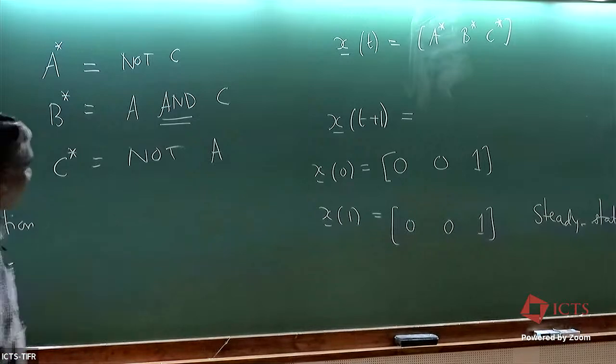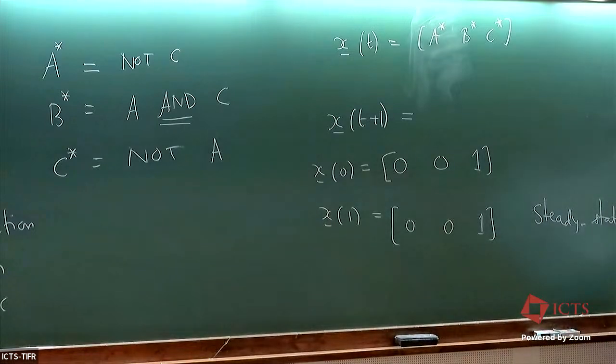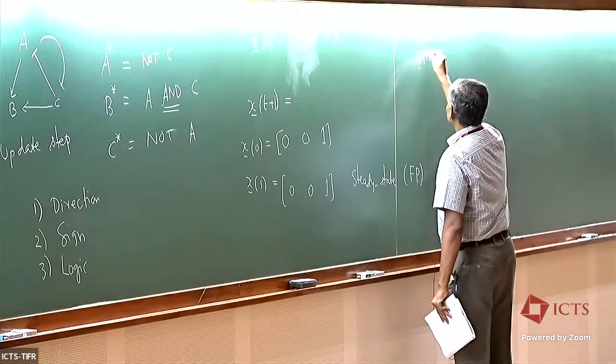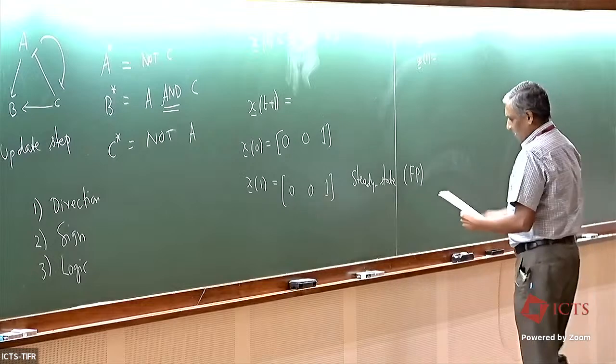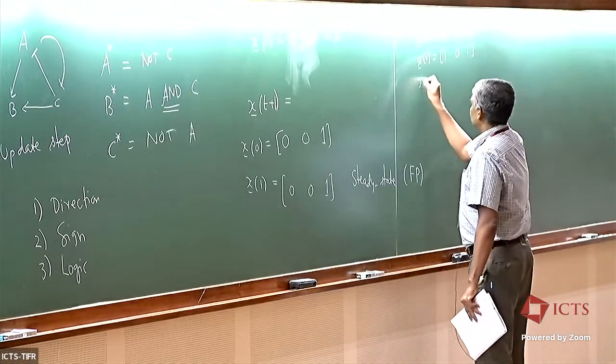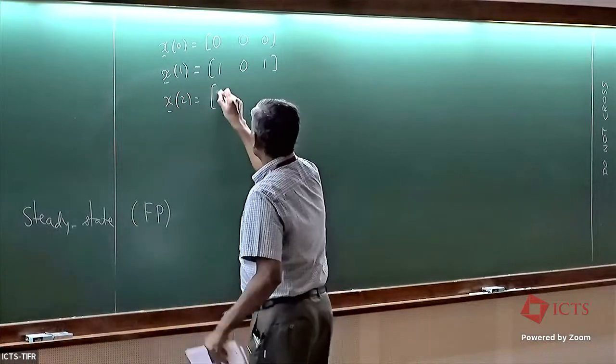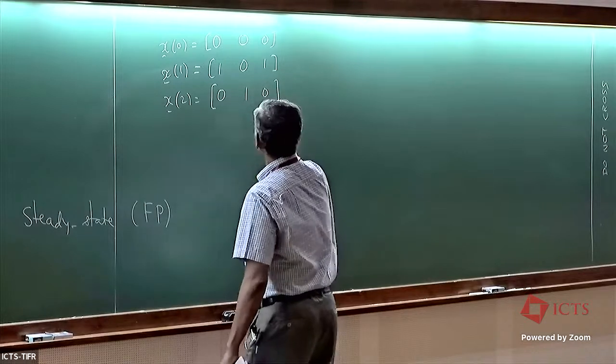Here's another one. So if I start with a 0, 0, 0, 1 will be 1, 0, 1. That will be 0, 1, 0.